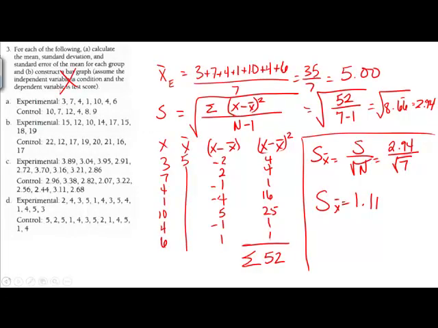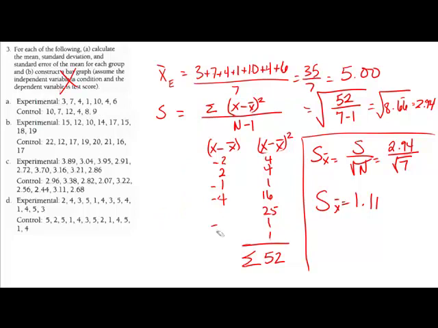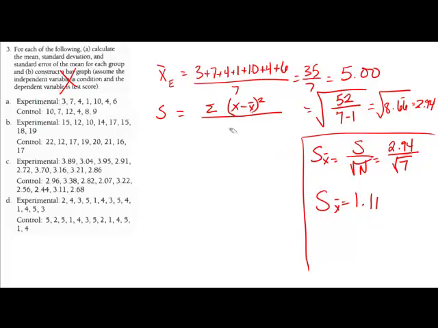Let me clear all this out. And if you were going to do this for the control group, I'm just trying to make room to write here. Go ahead and try it, hit pause, and then I'll write the answers.